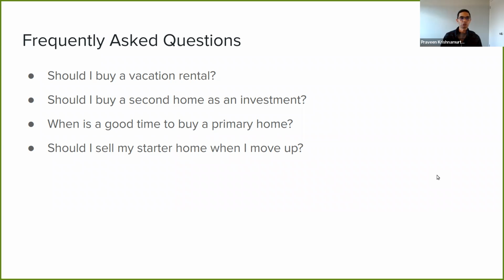Another question that we get is, should I sell my starter home when I move up? Let's say because of a better school district, or I move from a condo to a single family home. Should I sell? This is an interesting question.